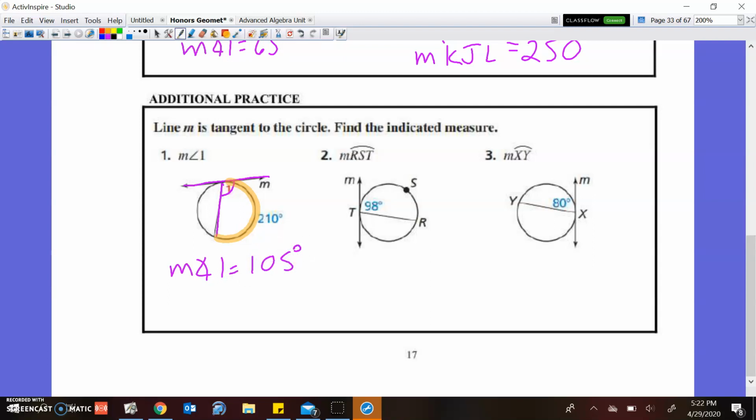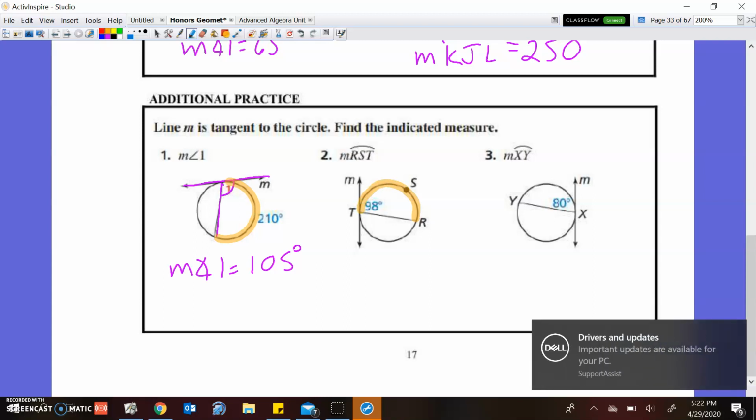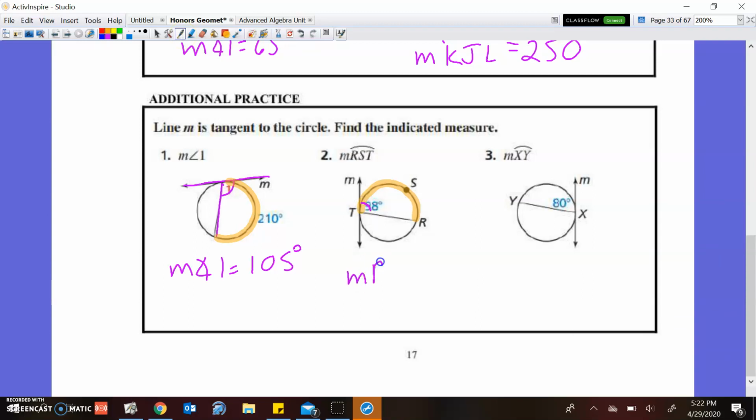If I move on to number 2, they want the measure of arc RST, so this entire arc right here. Okay, so since I know that the angle itself is 98, I'm going to double it, and I can say the measure of arc RST is going to be 98 times 2, which is really 100 and, yeah, my brain stopped, 196, okay, degrees.